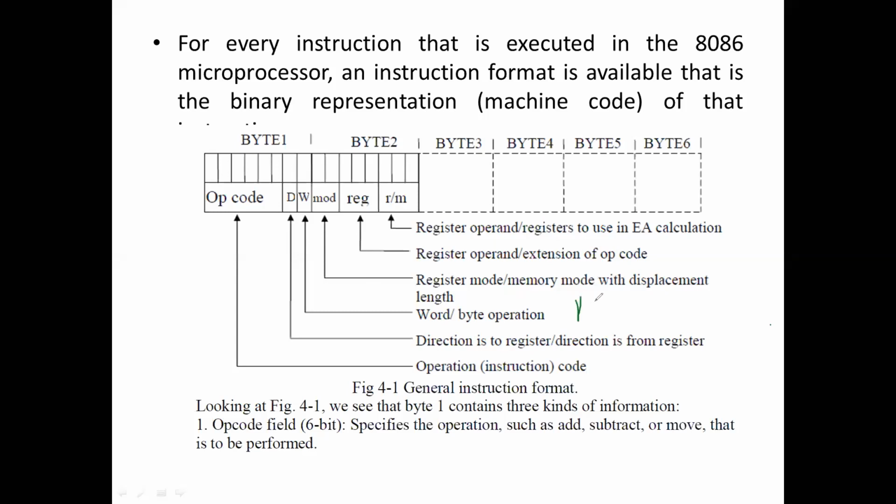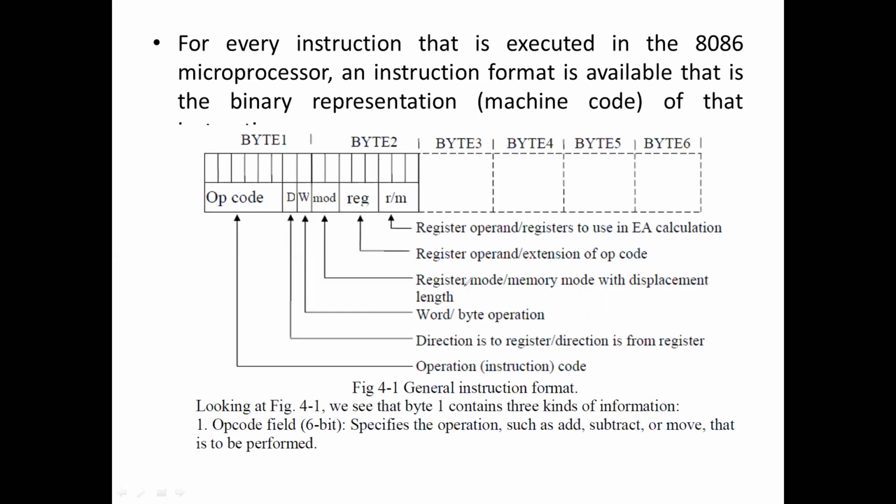For example, if we are dealing with MOV AX, BX, then this will be register mode only. This field has a combination of 2 bits. Then we may have 4 different combinations: 00, 01, 10 and 11. Each combination is dedicated to one type of operation.